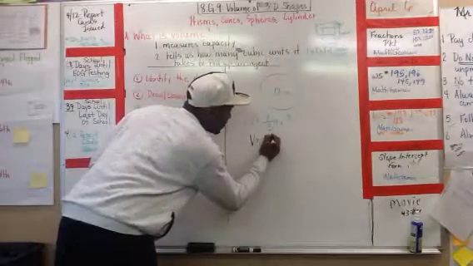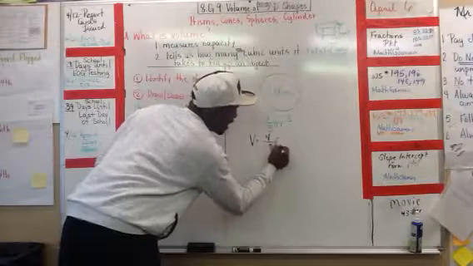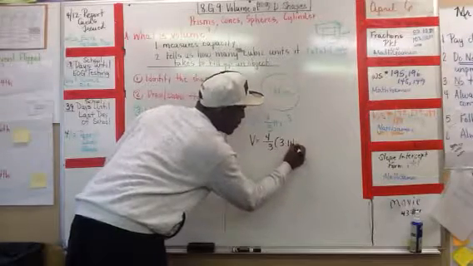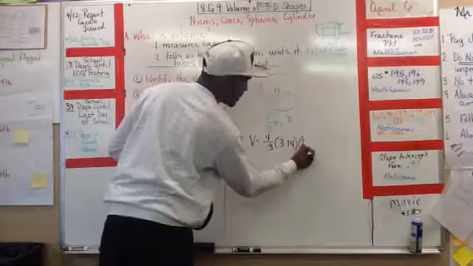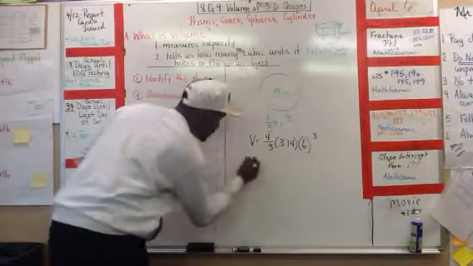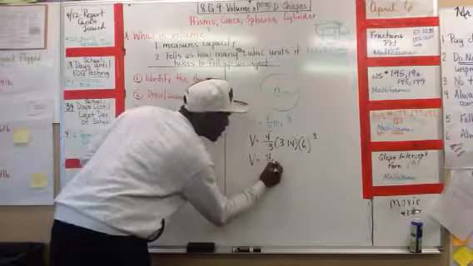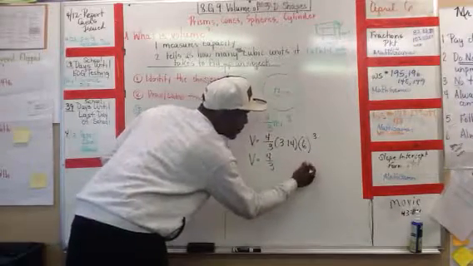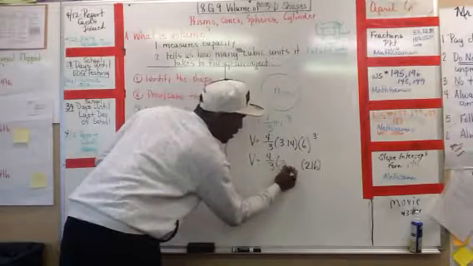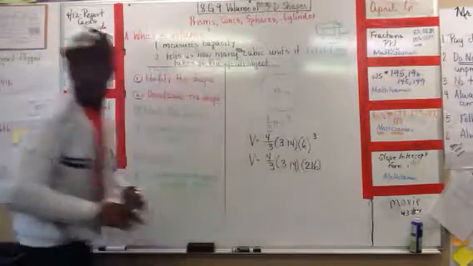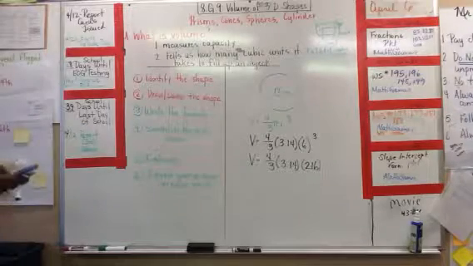V equals 4/3. We know pi has to be 3.14. If the diameter is 12, the radius has to be 6 cubed. V equals 4/3. 6 cubed is 216. You're going to multiply that by 3.14. I punch all of this in my handy dandy calculator.